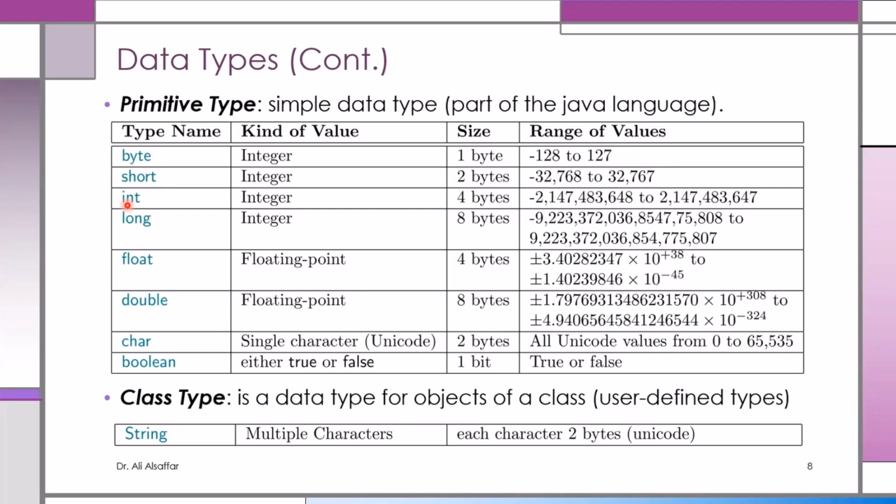Is it going to consider it as byte, short, integer, or long? It will consider it as int. And for real numbers, it will choose double for this variable.